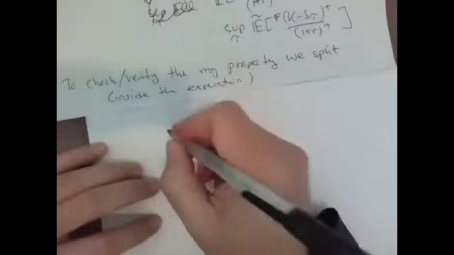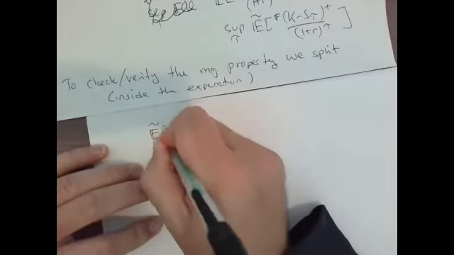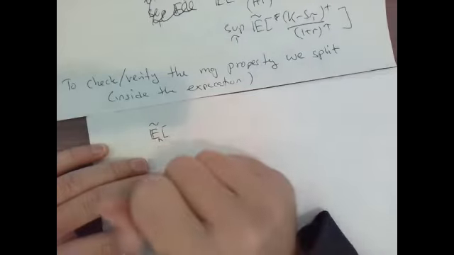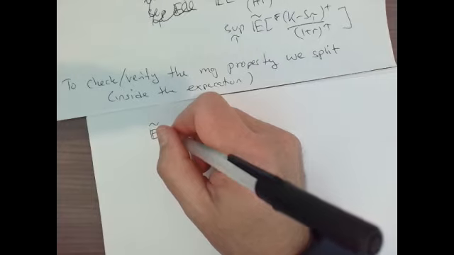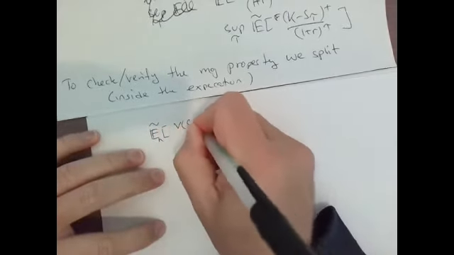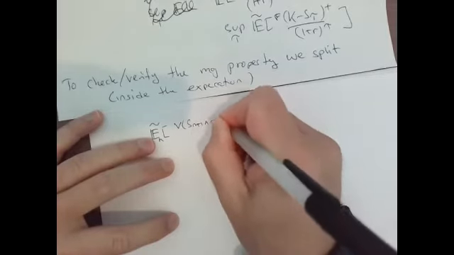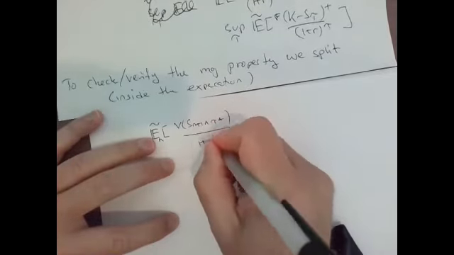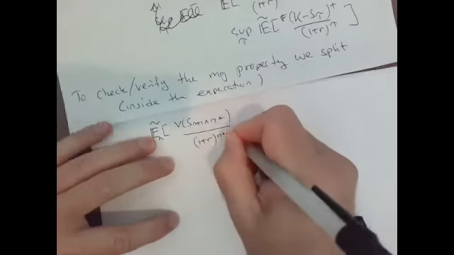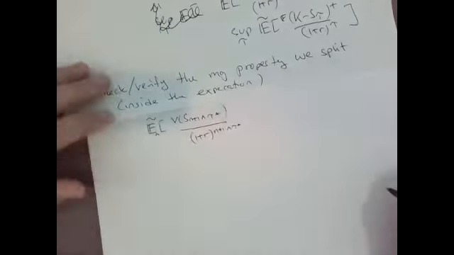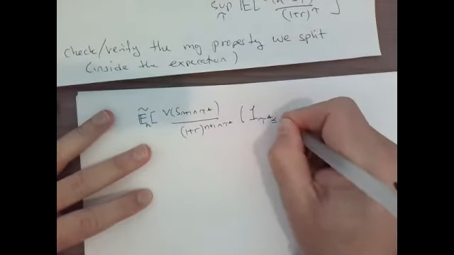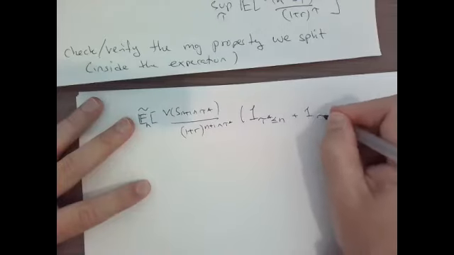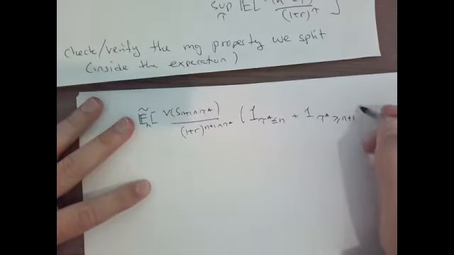We split omega, so we're looking at E tilde_n of V of S_{n+1 ∧ τ*} divided by 1 plus R to the n+1 ∧ τ*. We split inside the expectation, and what we're going to be splitting is the case when τ* is less than or equal to n, and when τ* is bigger than n plus 1.